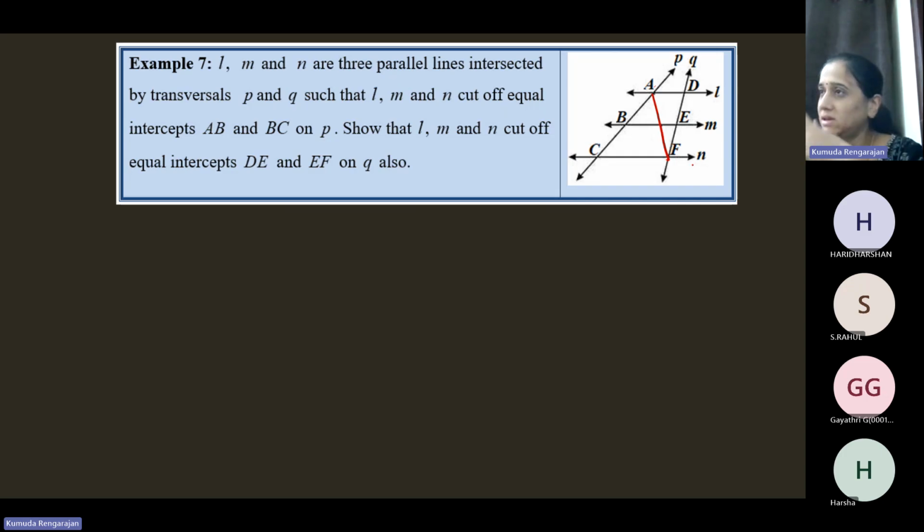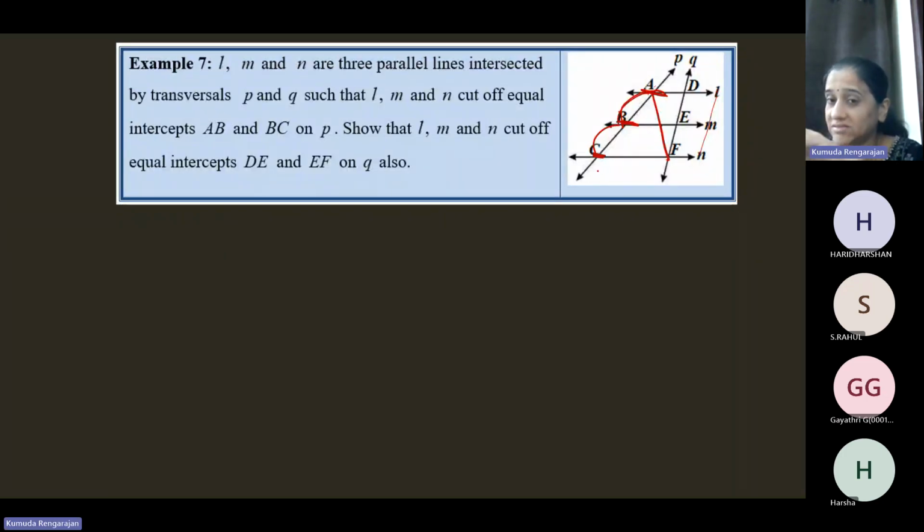Okay. L, M, N are parallel lines. P and Q are the transversals. AB is equal to BC. AB and BC are the intercepts on the transversal P. AB, this piece, and this piece, BC, those two pieces are the intercepts on the transversal P. And they're equal, it is given.